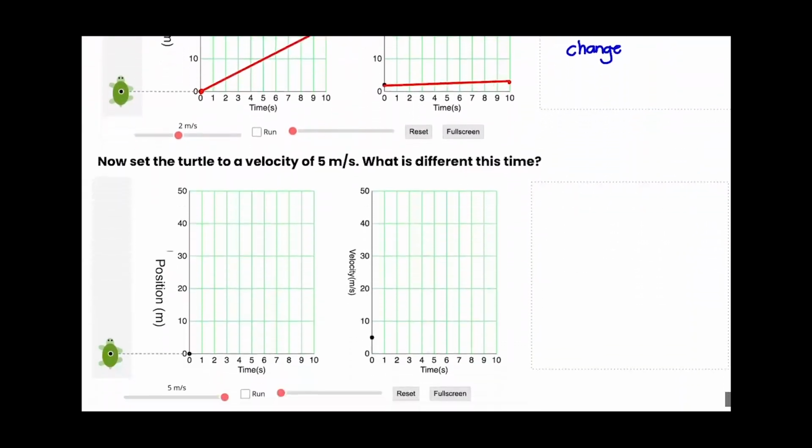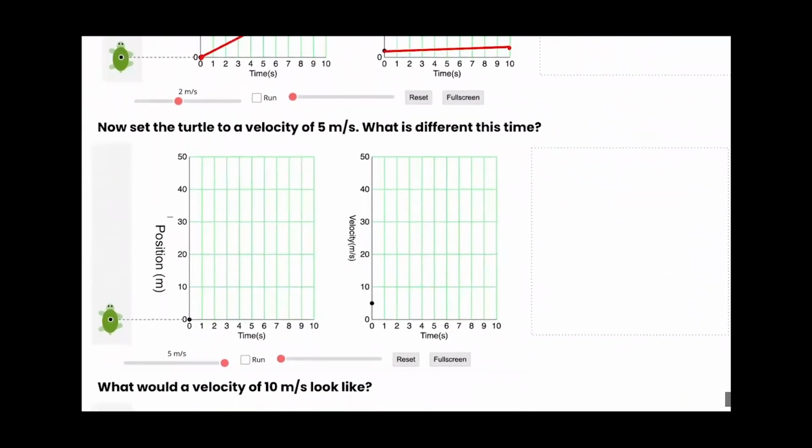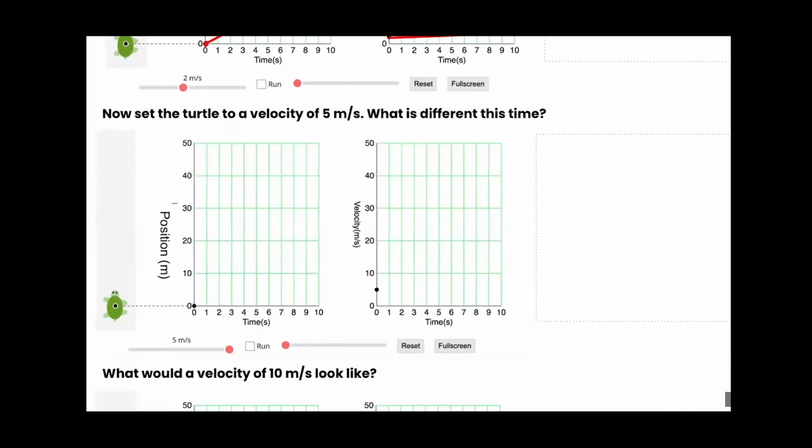Now for the second one, we expect that the turtle will have a similar experience. We'll know that at 1 second, the turtle will be at 5 meters, right? And then after 2 seconds, the turtle will be at 10.